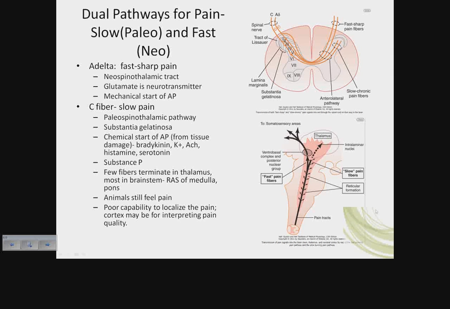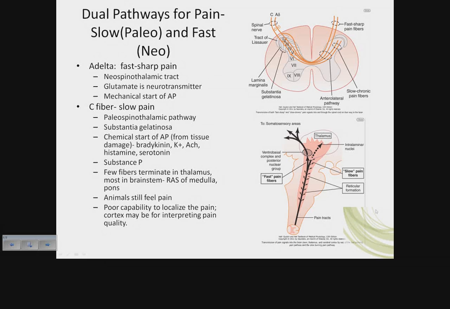So let's start first by saying there are two pathways for pain to be sent up, or at least the sensation of pain to be sent up to the brain for interpretation. We know there is the slow pathway, or the paleospinothalamic, and the fast pathway, or neospinothalamic. We're really talking about the anterolateral pathways.